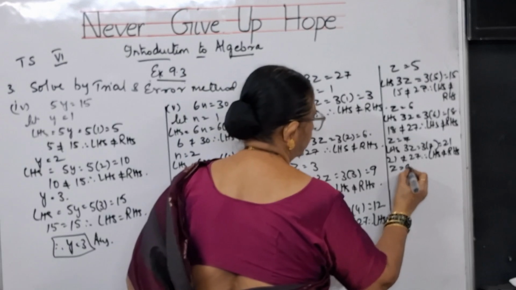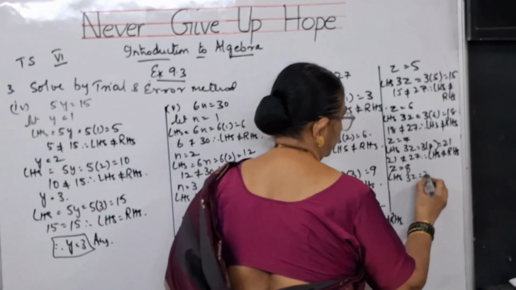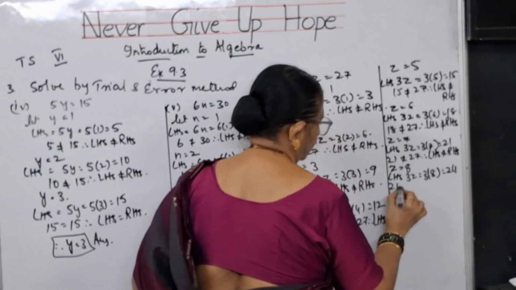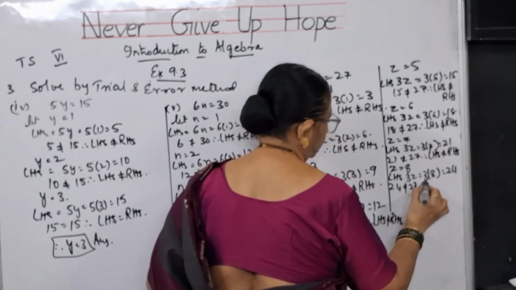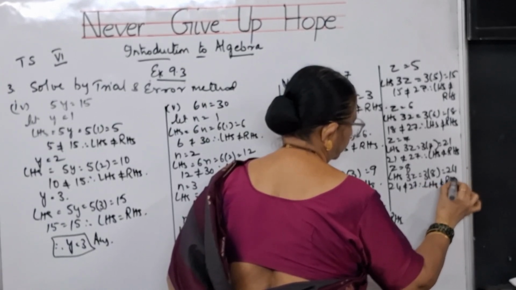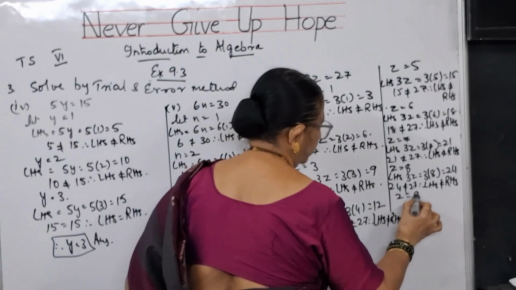Z is equal to 8. LHS 3z. 3 into 8, 24. 24 is not equal to 27. Therefore, LHS is not equal to RHS. Next, z is equal to 9.